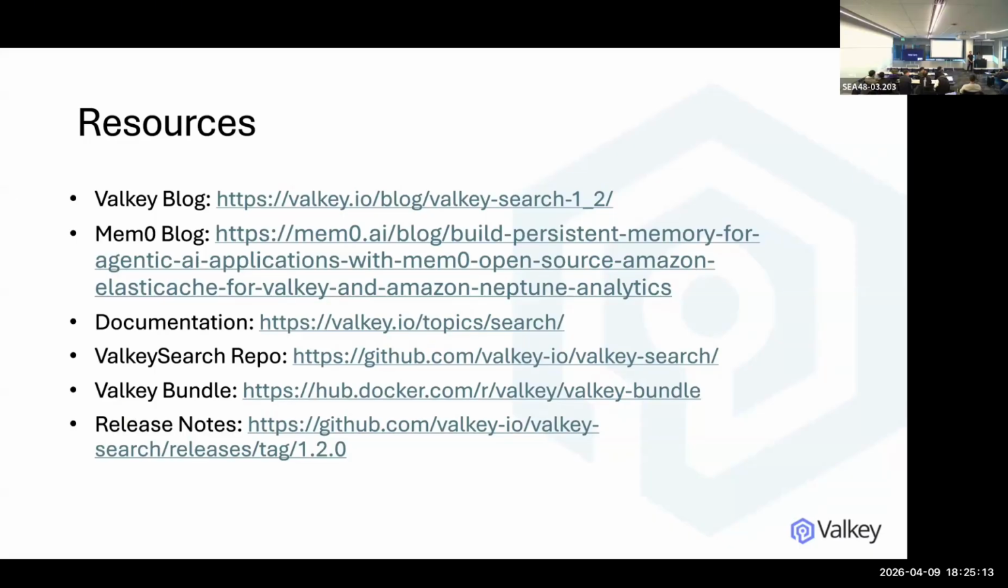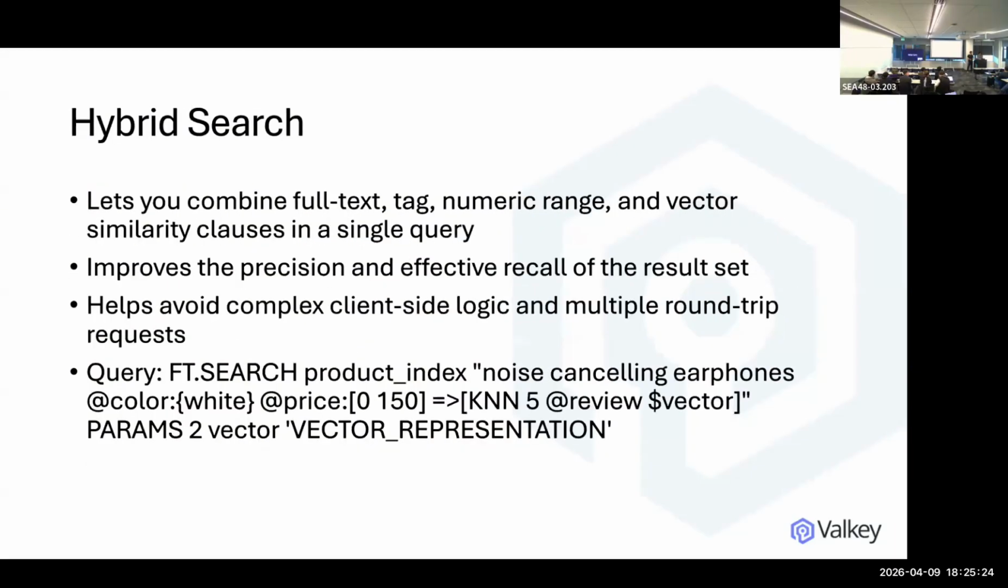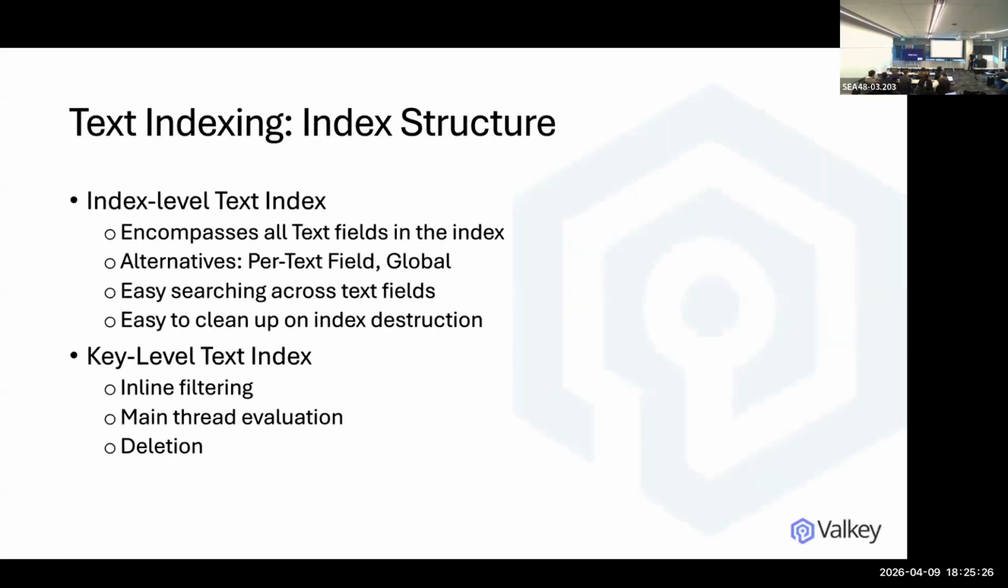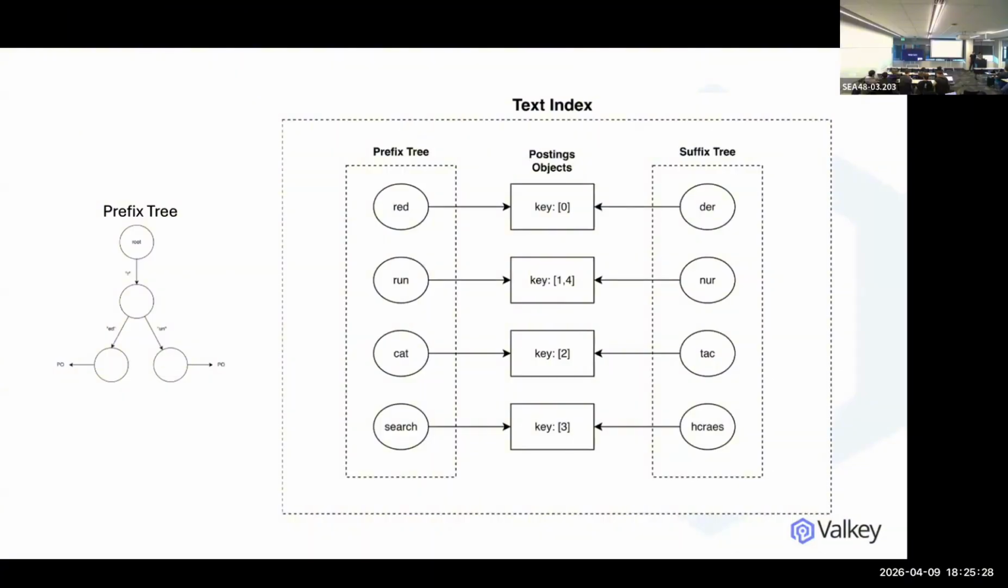What happens when you delete keys? How does the index free up memory? For text it gets cleaned up, so you remember the index structure. We have these postings objects. For the key itself, we do a lookup with the per-key text index.